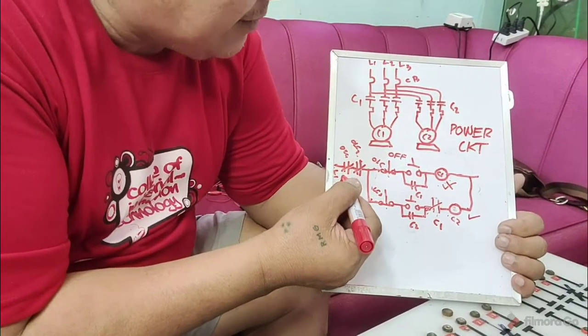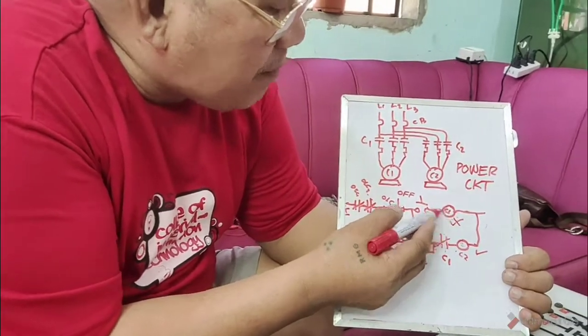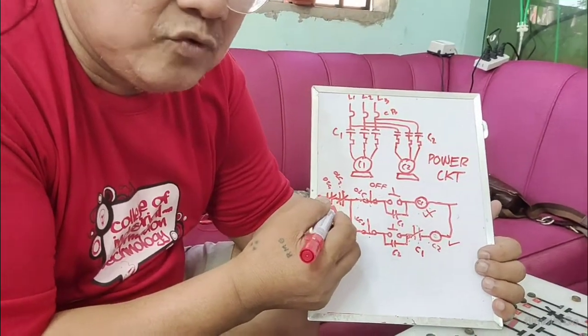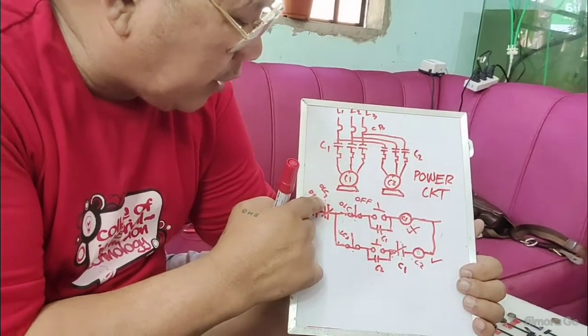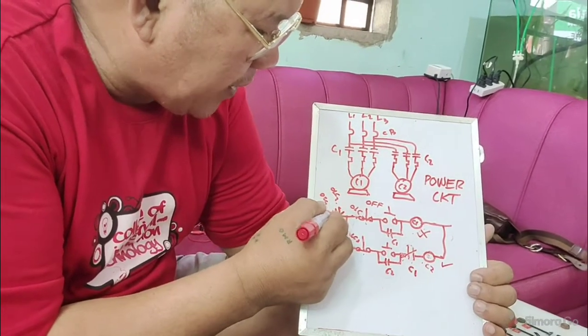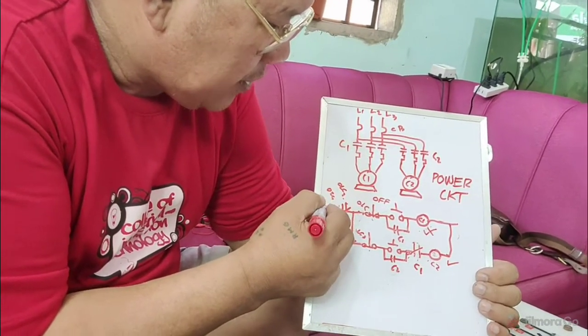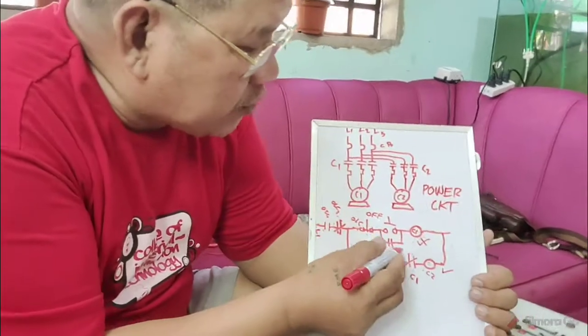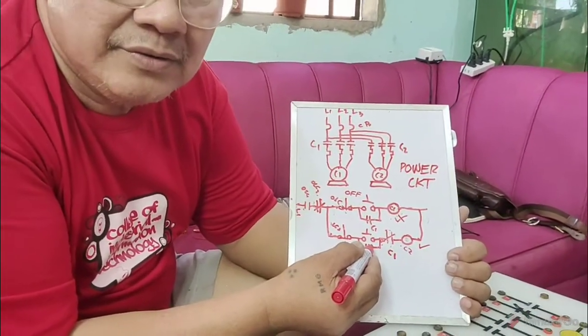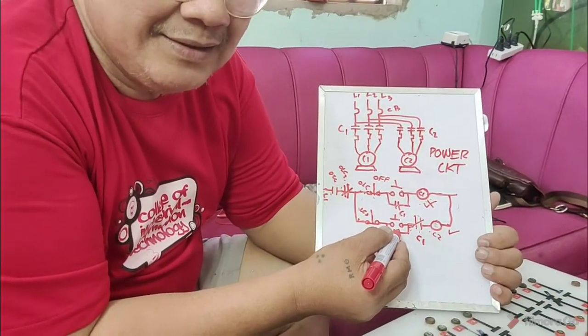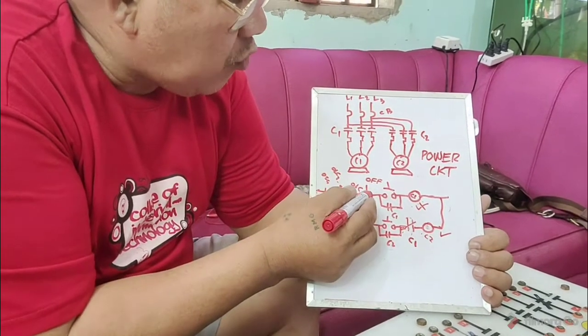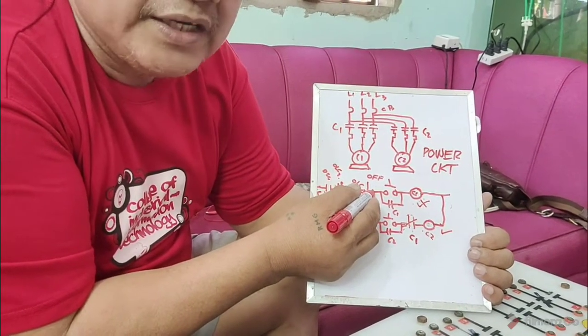For instance, if conveyor number 1 is overloaded, what will happen to the OLC? This will open. No more current is flowing to the two motors, right? Because conveyor number 1 is overloaded.